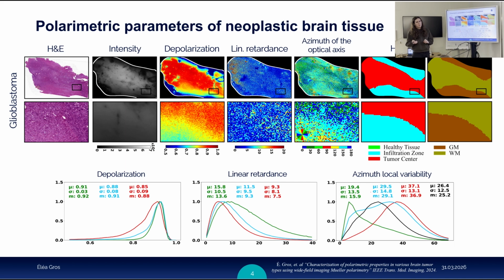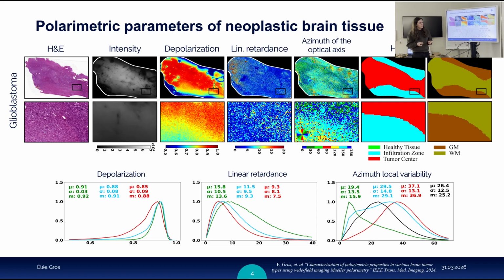There was, however, a problem with this approach. The labels were made on histology, and the problem was that we were quantifying and creating categories where there shouldn't be categories. We put what was below 10% as healthy or tumor-free tissue, what had between 10 and 70% of tumor cells as infiltration zone, and what had more than 70% of tumor cells as tumor center.